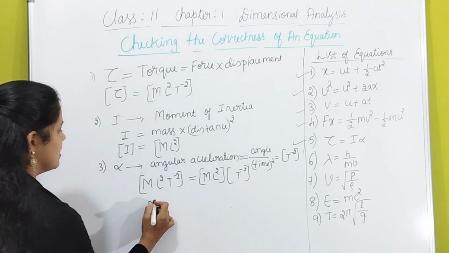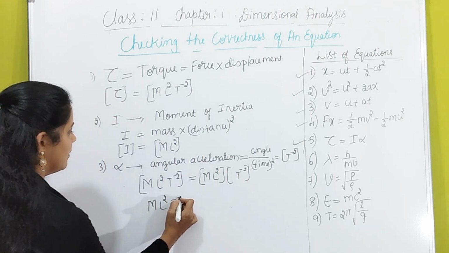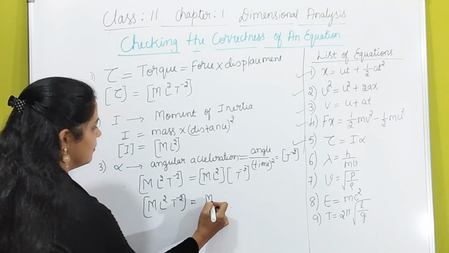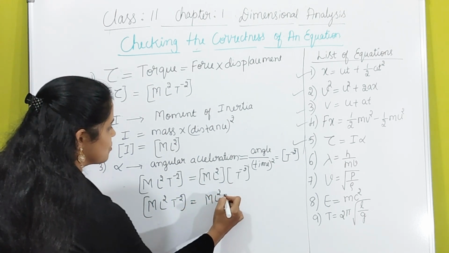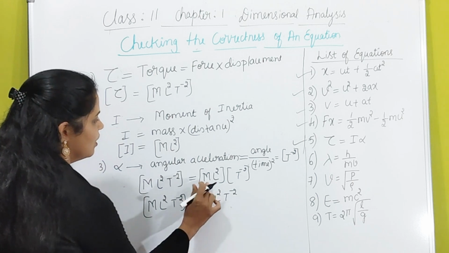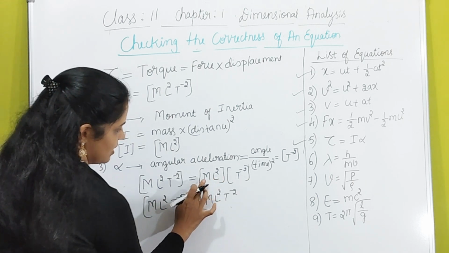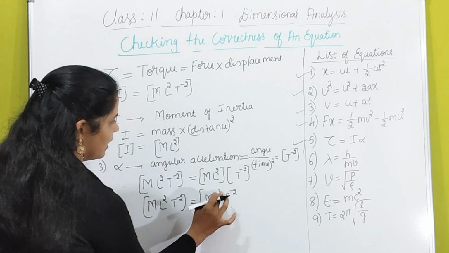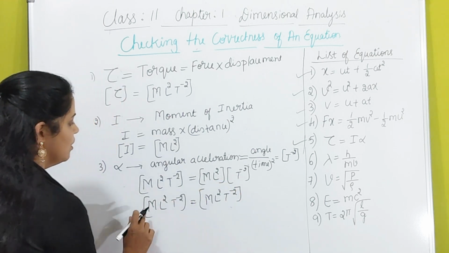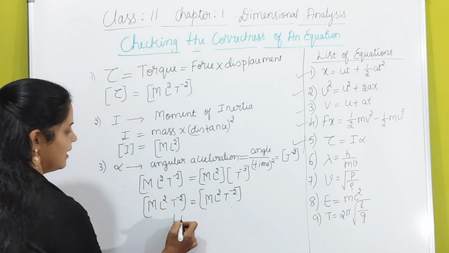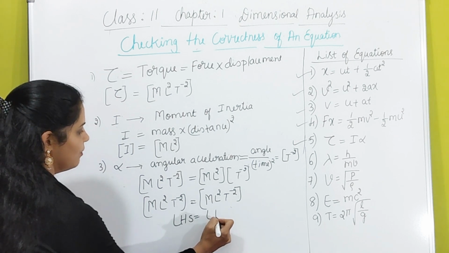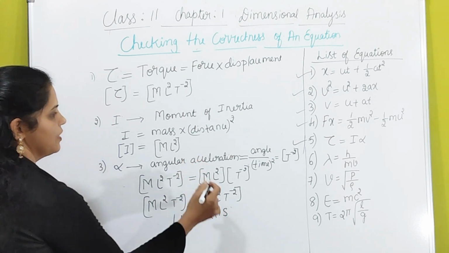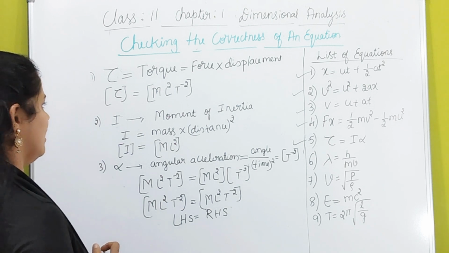So the left hand side is M L square t minus 2, and the right hand side is M L square t minus 2, written together. There is no term that is repeated. Check now: left hand side and right hand side both have the same dimension. So therefore the given equation is dimensionally correct.